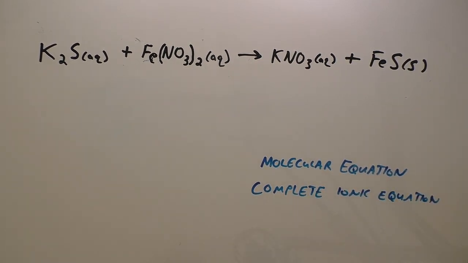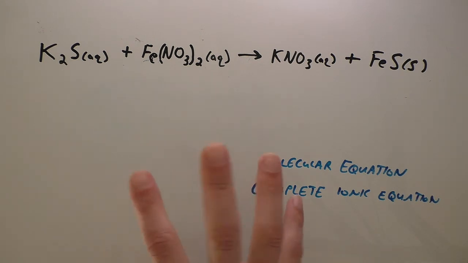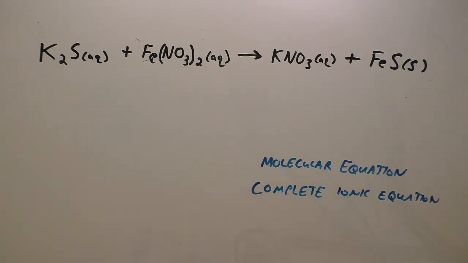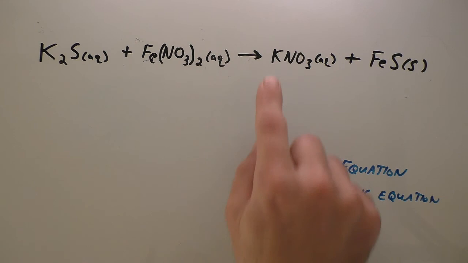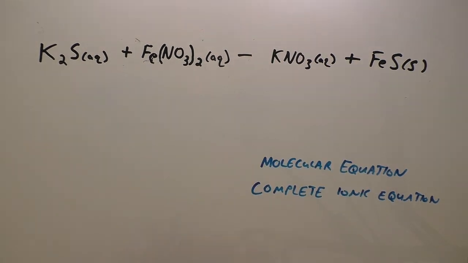A complete ionic equation. And before I go any further, I just realized that I must balance this. It's funny because the original comment was all about balancing, and I almost forgot that I have to balance the equation. So to balance this, I'm not going to go through the whole step-by-step technique where I write everything down and keep my count, because I've done this plenty of times, and I've gotten pretty quick at it.